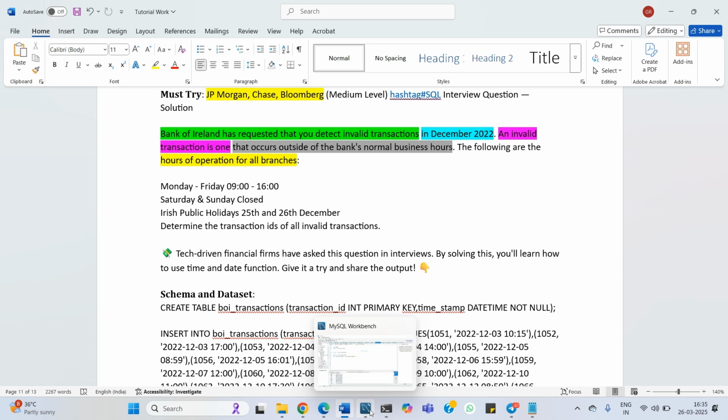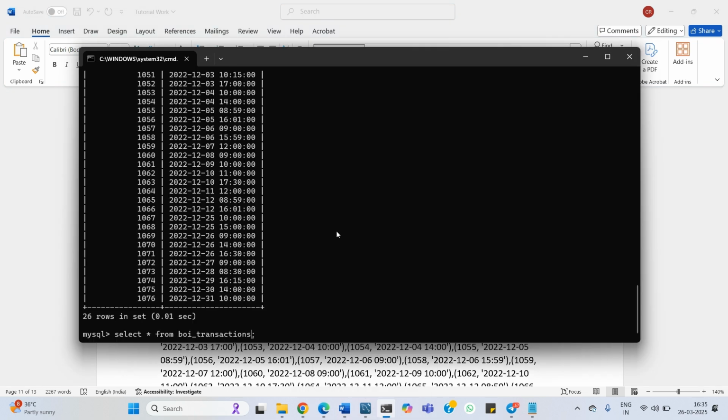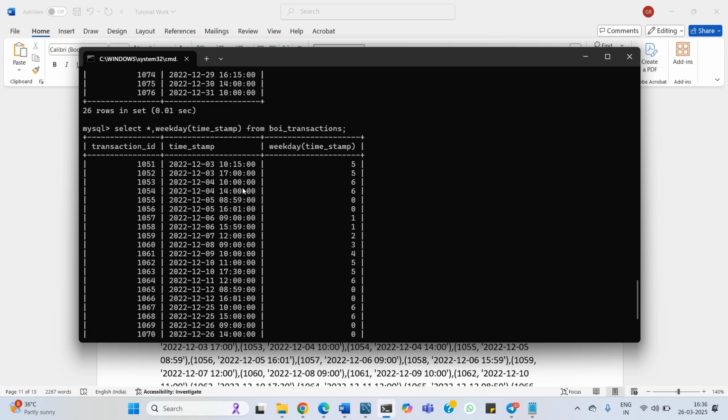If I find the weekday of timestamp, you can now see it gives a number for each timestamp. In weekday it gives us the number of the day in the week.